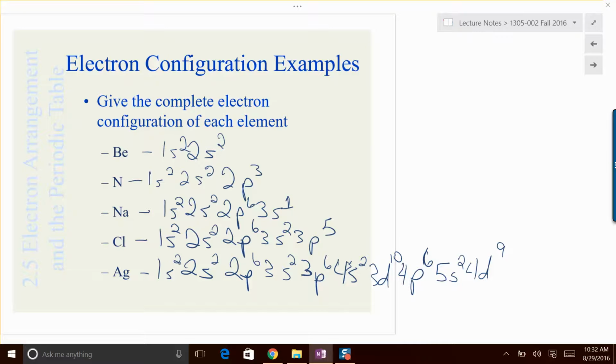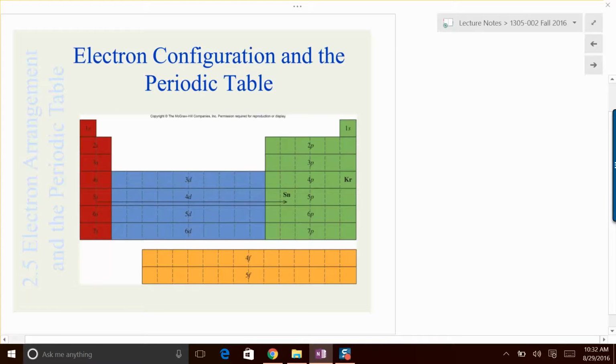That's its location, 4d9. Okay, so we can easily see that here now, right? The S's, the P's, the D's, and the F's, all in their groups. And we can simply write them out.